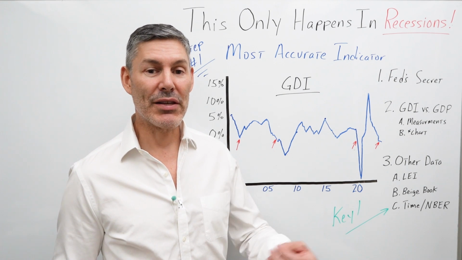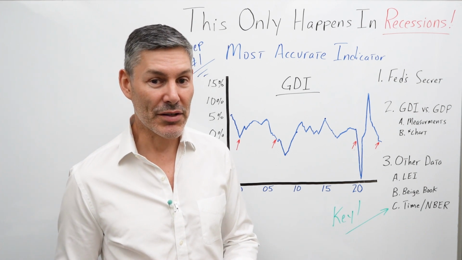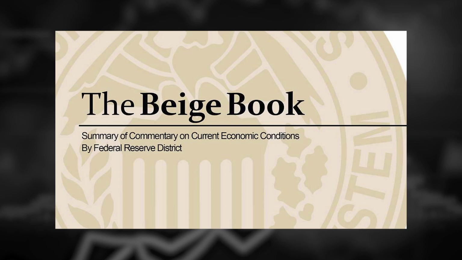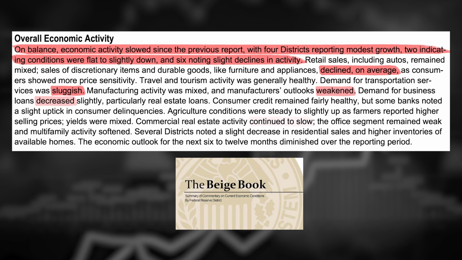And then they give a summary that is included in this mysterious beige book. And if you read the latest beige book, you see that pretty much every one of the regional reserve banks are saying, hey, as far as the employment numbers, as far as economic activity, we see it slowing down significantly.